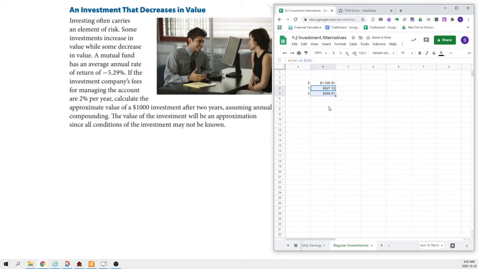And we get the same amount. We could do a single calculation using our calculator.